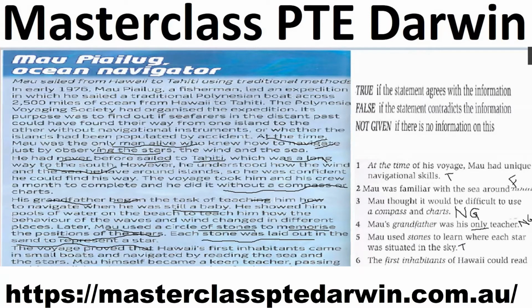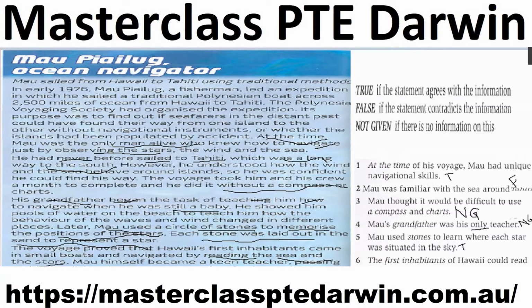What about the last one? The last one says the first inhabitants of Hawaii could read and write. So that is true. No, that's not true, because you see, the voyage proved that the first Hawaiian inhabitants came in small boats and navigated by reading the sea. But we don't know they could read and write. This is about literacy, and this is about their skills.